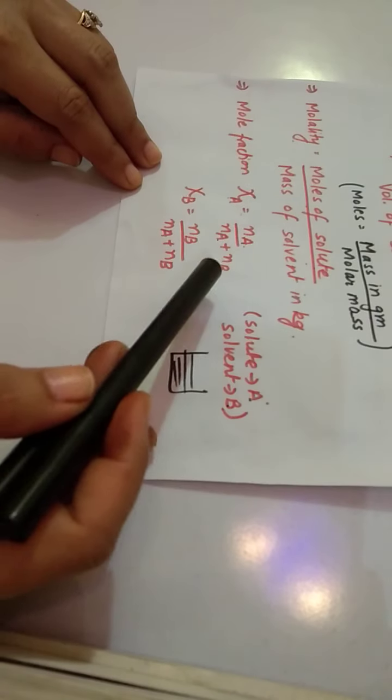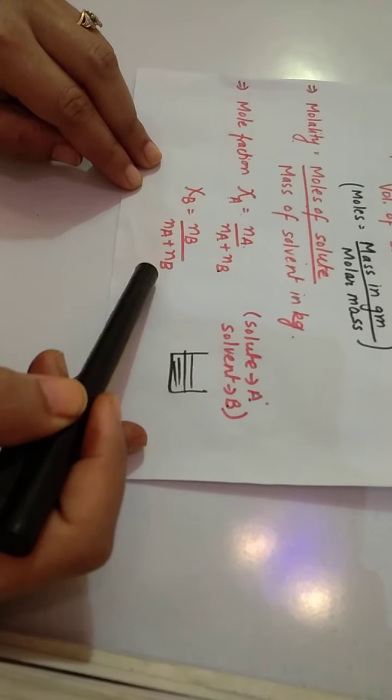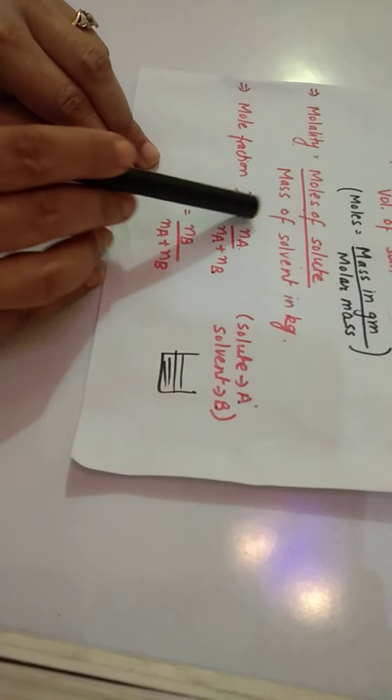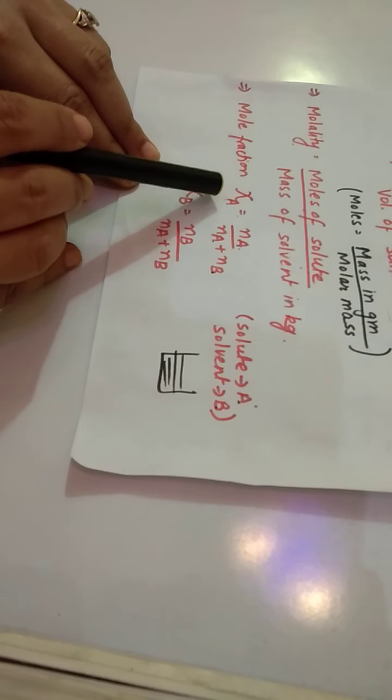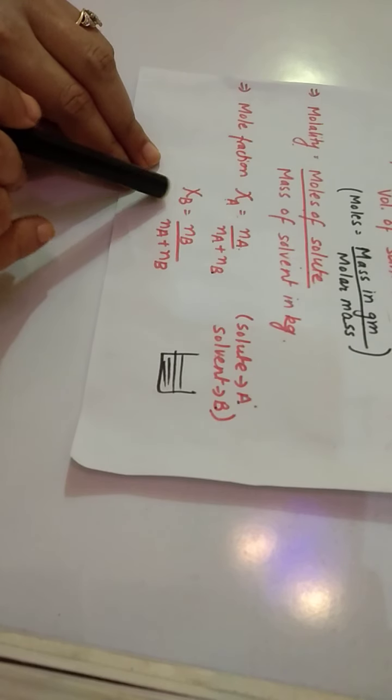Next children, you can see in the denominator it is Na plus Nb, and in the numerator it is the one whose mole fraction is to be found out. That is, for mole fraction of A it is number of moles of A, for mole fraction of B it is number of moles of B.